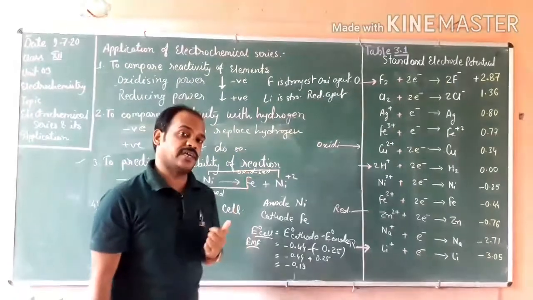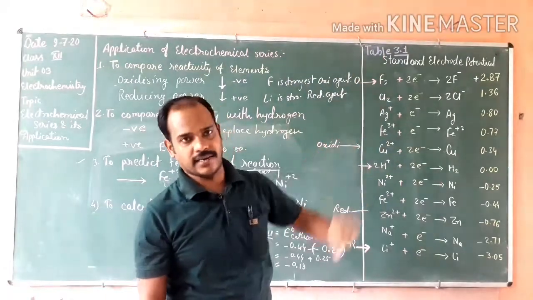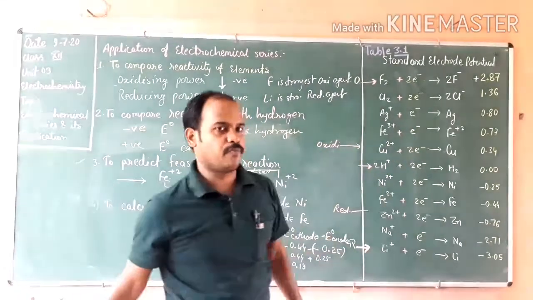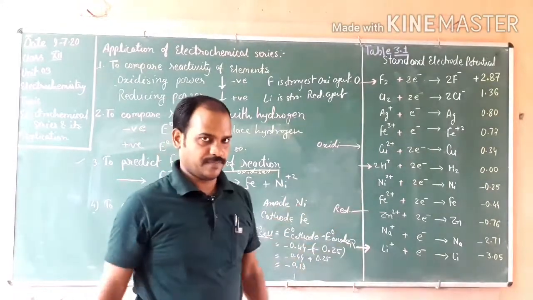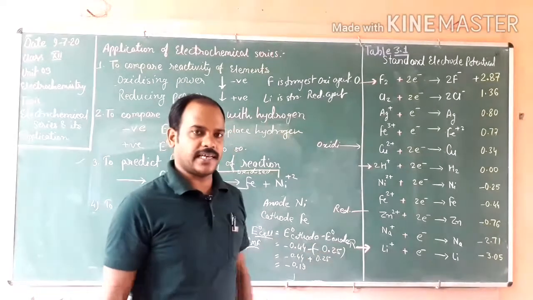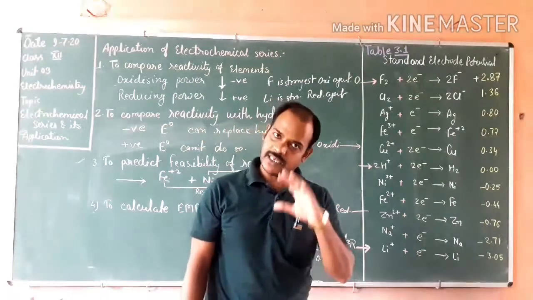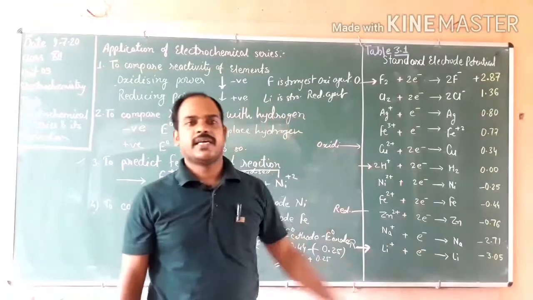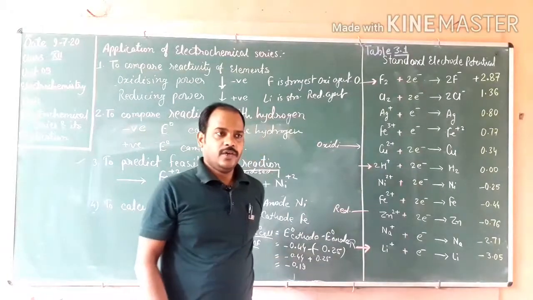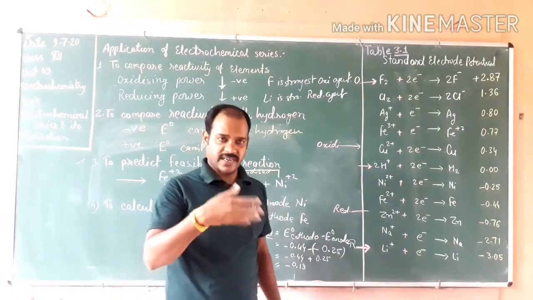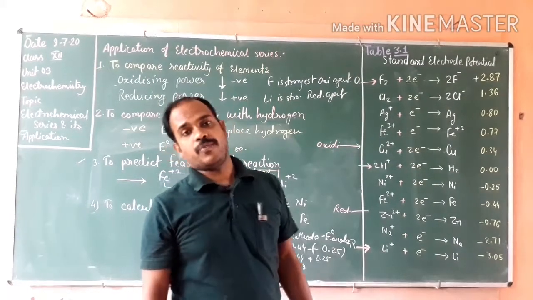In sacrificial protection, you see the iron poles are connected via wire. If you see the underground structure of the pole, you can see a magnesium block attached to the iron. Why is the magnesium block attached to iron? Because magnesium is more reactive than iron. So magnesium will get oxidized and iron will be safe. So here magnesium is sacrificing itself. So this one is sacrificial protection.